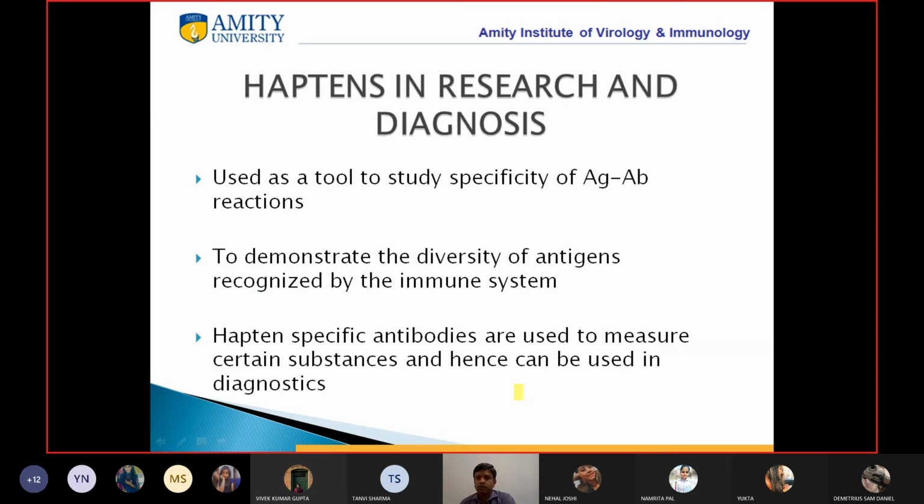Now haptens are used in research and diagnosis. They are used as a tool to study the specificity of antigen-antibody reactions, and to demonstrate the diversity of antigens recognized by the immune system. Hapten-specific antibodies are used to measure certain substances and hence can be used in diagnostics.